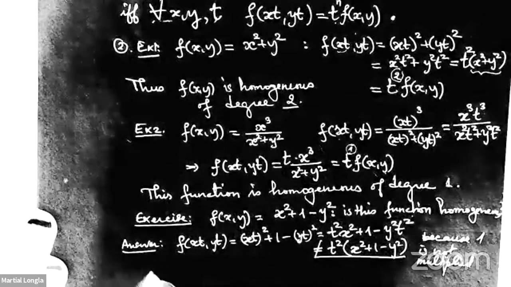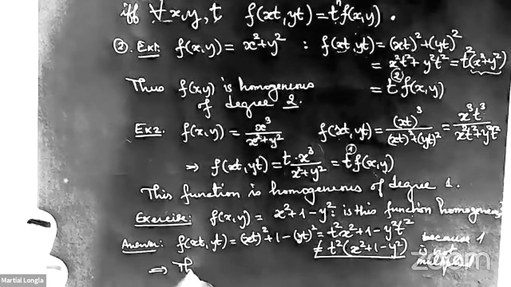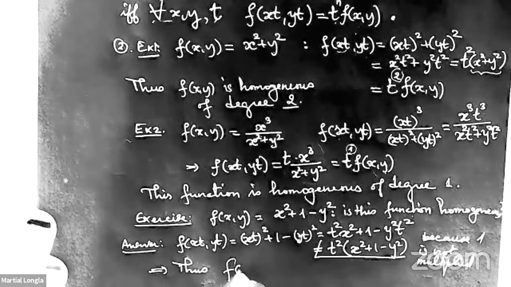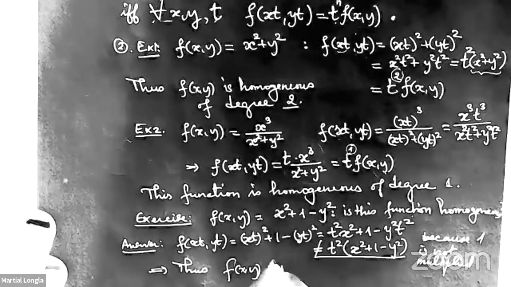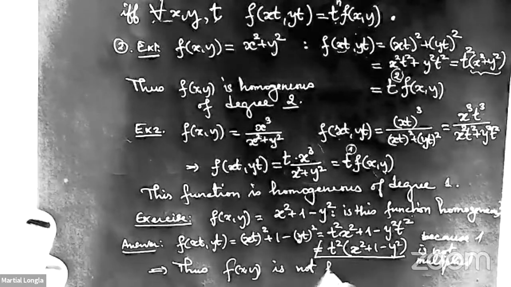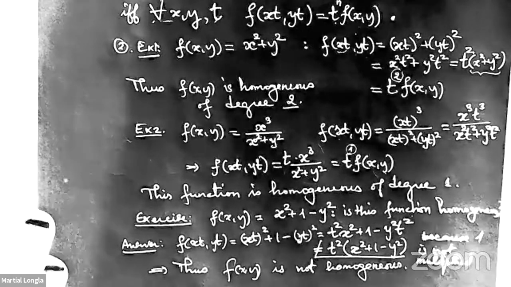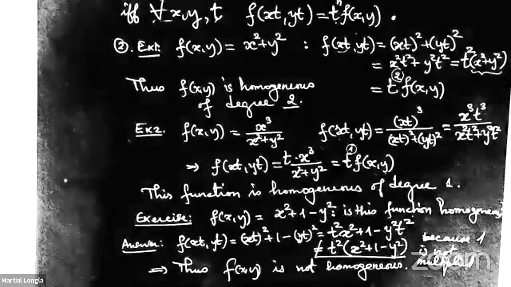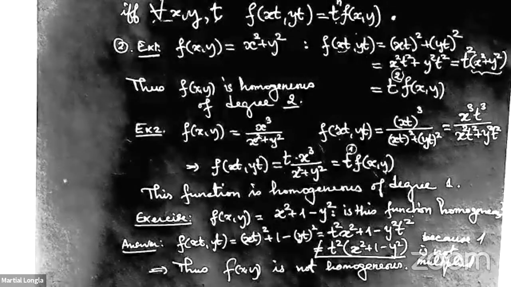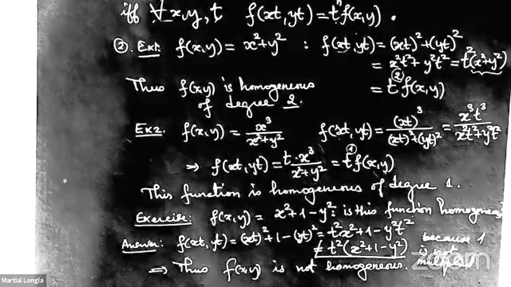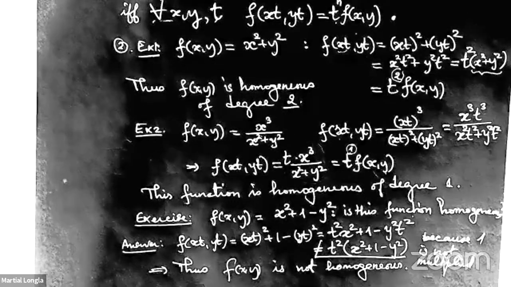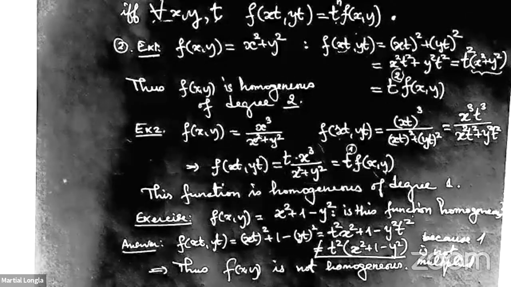Therefore, f of x, y in this case is not homogeneous. So not all functions are homogeneous. Right? Does that make sense now? Is everybody okay with this?